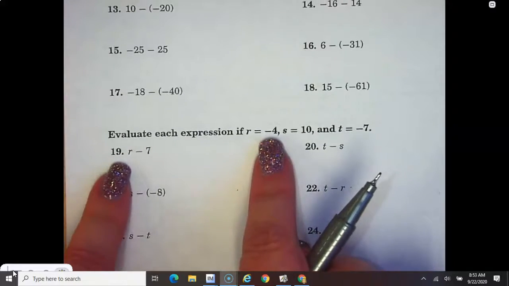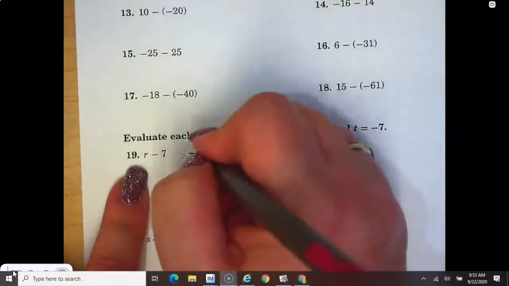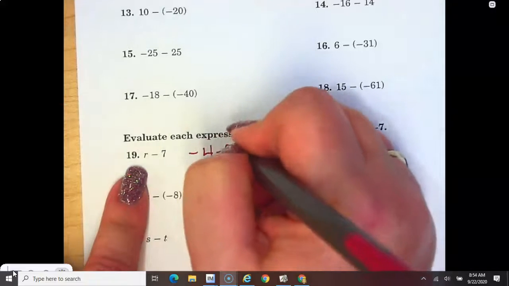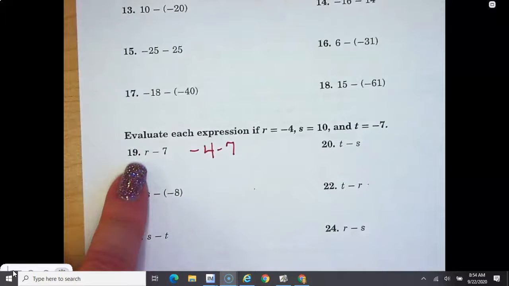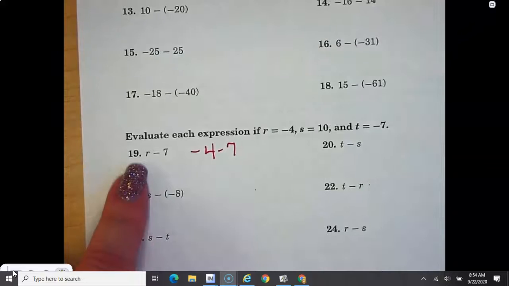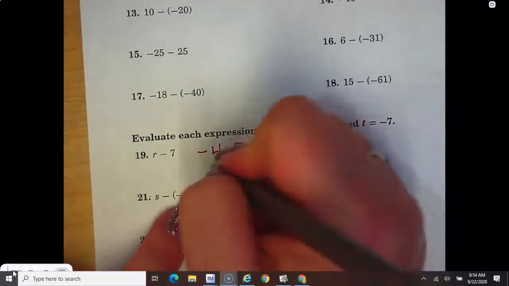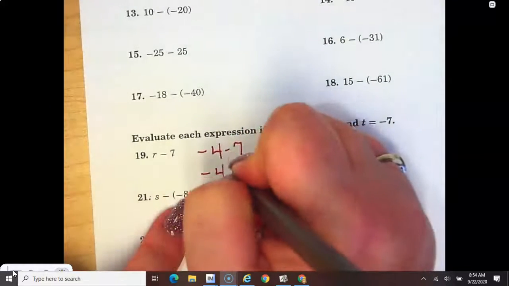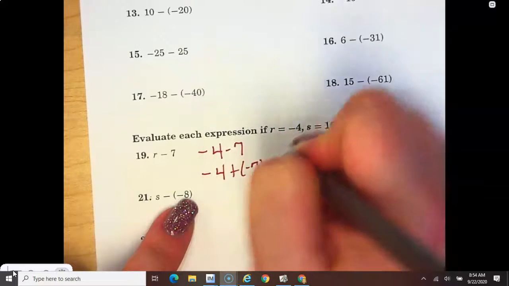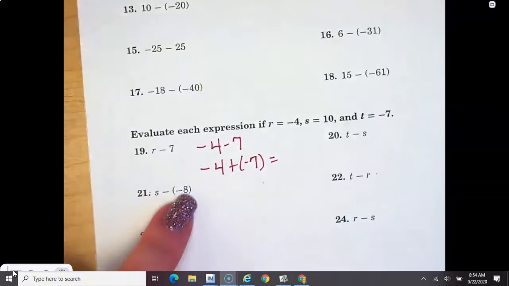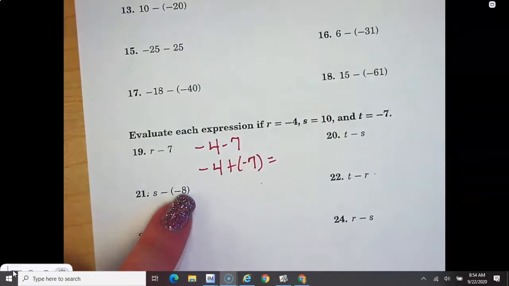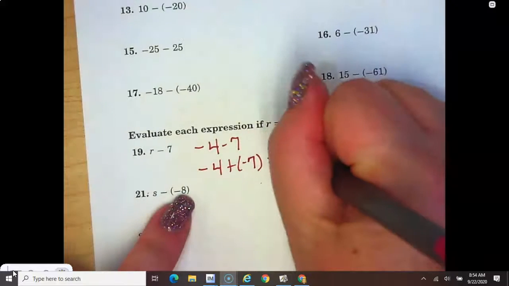Negative 4. You must rewrite that. Negative 4 minus 7. You have to rewrite it showing the substitution. And then that becomes negative 4 plus negative 7. And negative 4 plus negative 7 is negative 11.